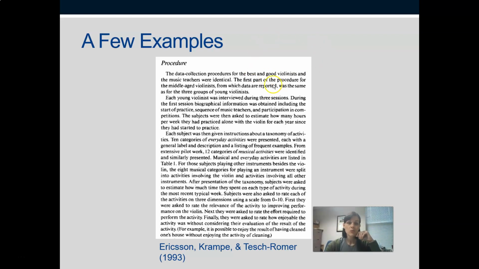Each young violinist was interviewed during 3 sessions. During the first session, biographical information was obtained including the start of practice, sequence of music teachers, and participation in competitions. The subjects were then asked to estimate how many hours per week they had practiced alone with violin for each year since they had started to practice.